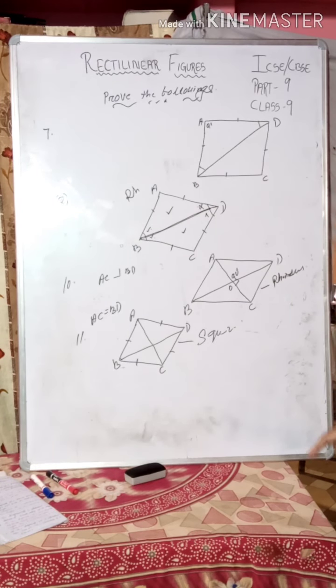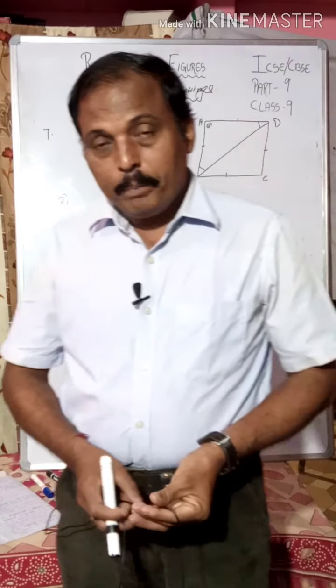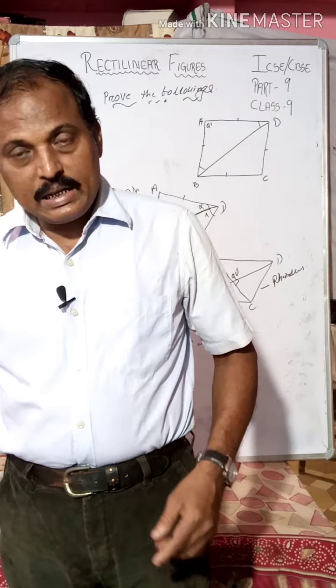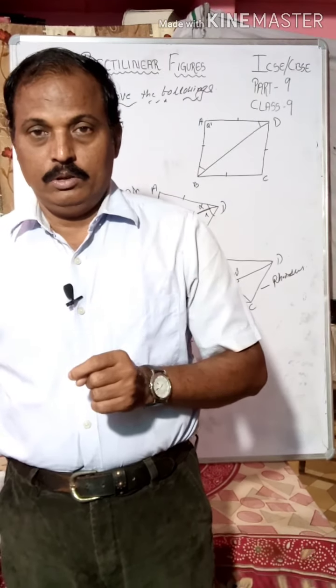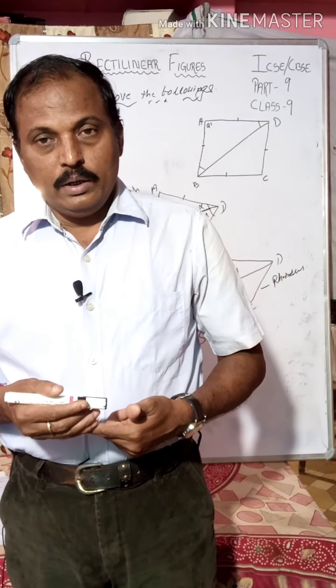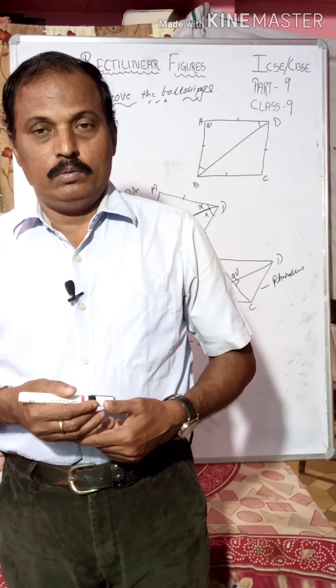This much is the statement, and the proof you can prove on your own, very easy. If you understand the triangle, parallel lines and transversal, and congruency conditions, you can do 90 to 95 problems on your own.